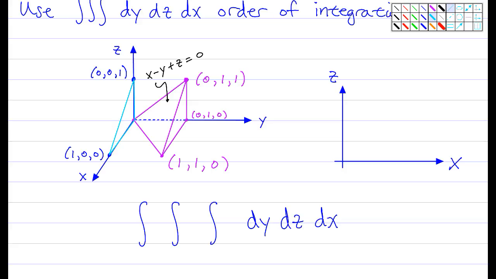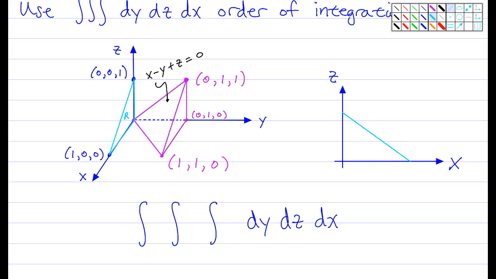If you can see that triangle, there's my region R. If I put that over here in the xz plane, where we don't have to worry about 3 dimensions, it's going to look something like this.